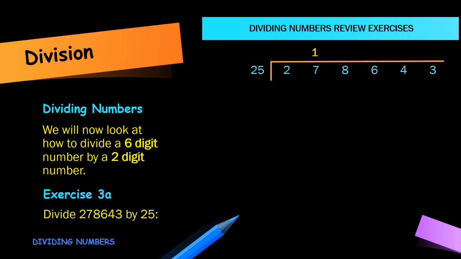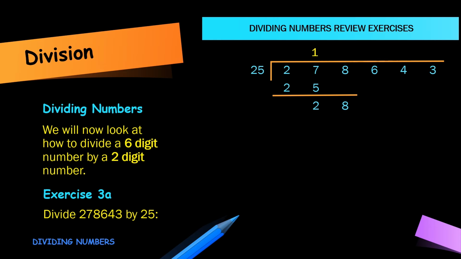Now multiply 25 by 1 to give 25, and put 25 here. Subtract 25 from 27 to give 2. Bring the 8 down and position it here, as shown.